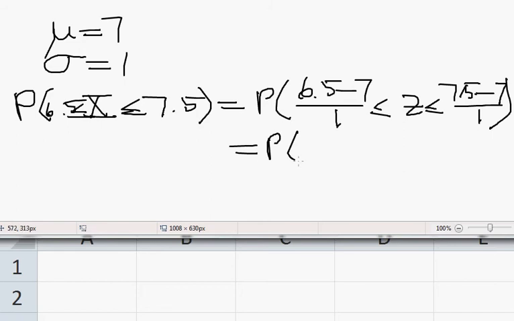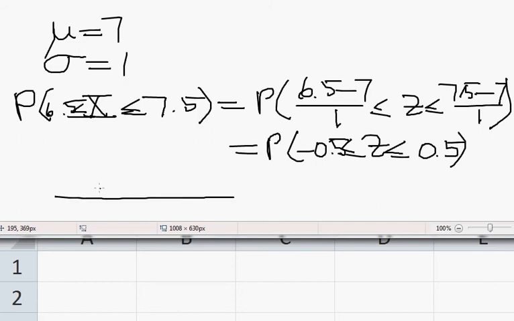So that's the probability that z is between negative 0.5 and plus 0.5. So I need the area between negative 0.5 and plus 0.5.